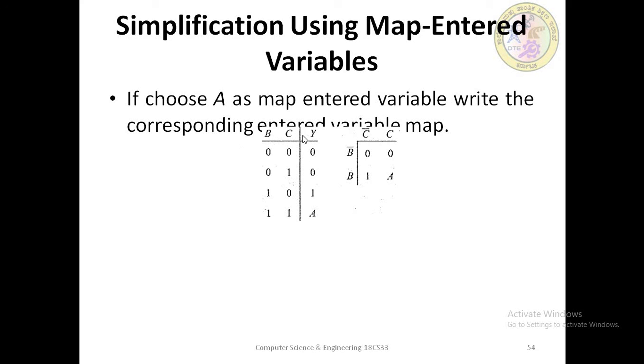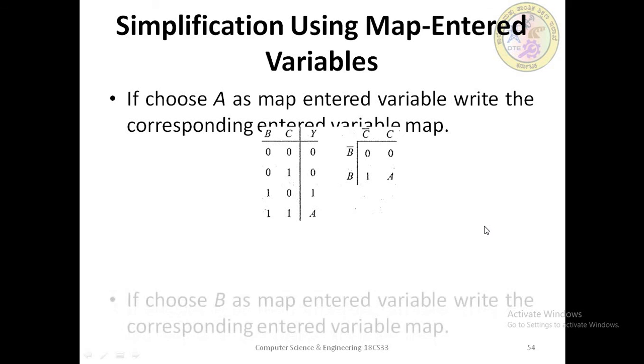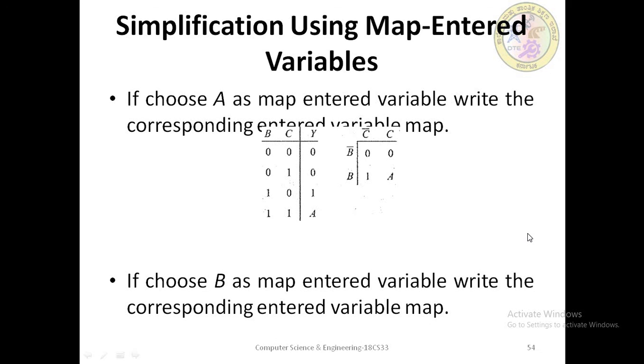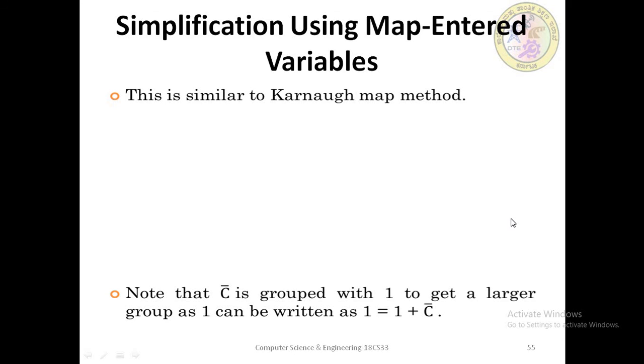With respect to the inputs, for the 0 0 combination 0 will come, for 0 1 combination 0 will come, for 1 0 combination 1 will be represented, and for 1 1 combination A will come. If B is chosen as an input, we get the results like this for the 0 0 and 1 0 combinations.